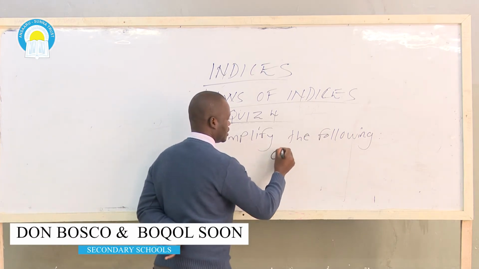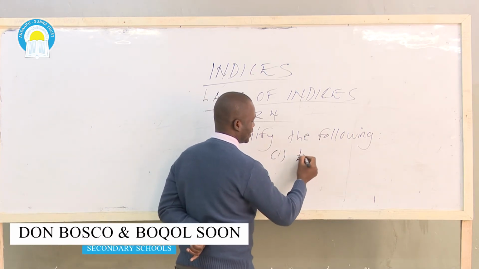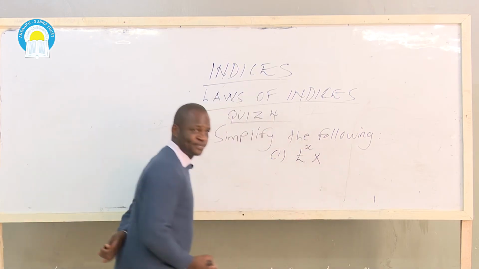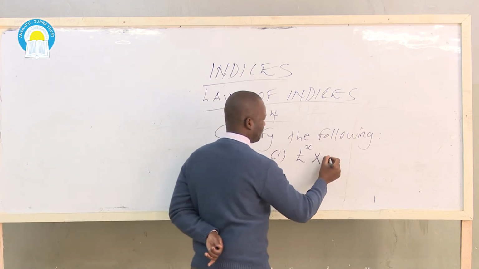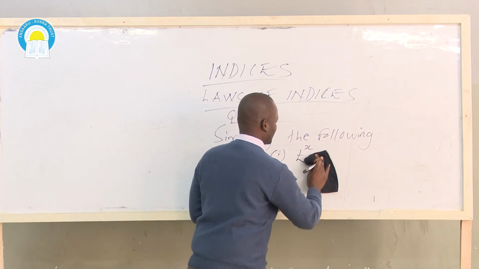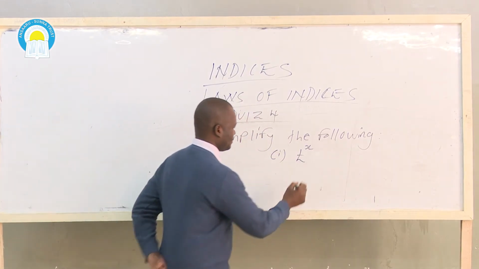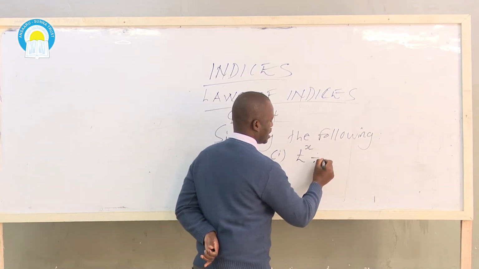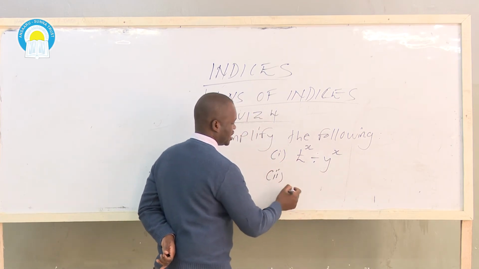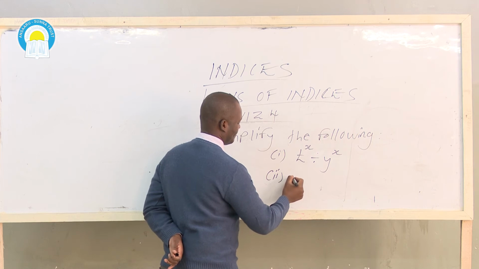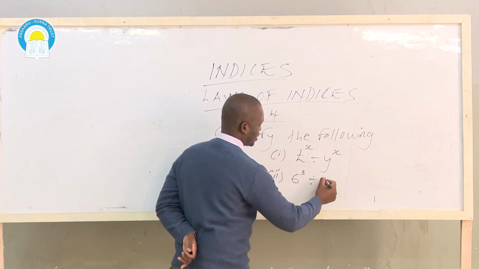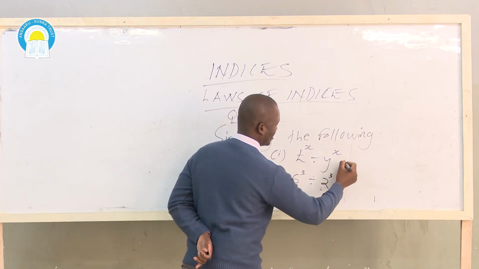Roman 1, let me have t power x, not times, sorry, we are dealing with division, sorry for that, divided by y power x. Roman 2, let me have 6 power 3 divided by 2 power 3.